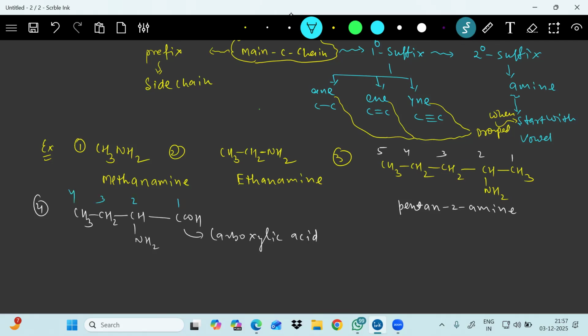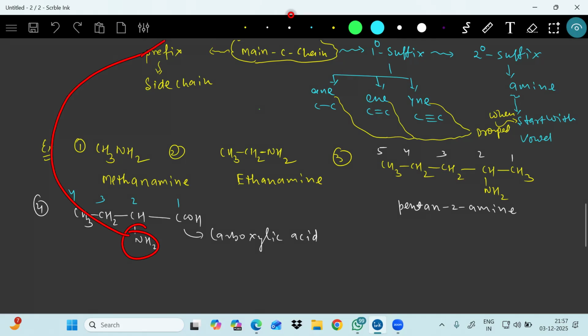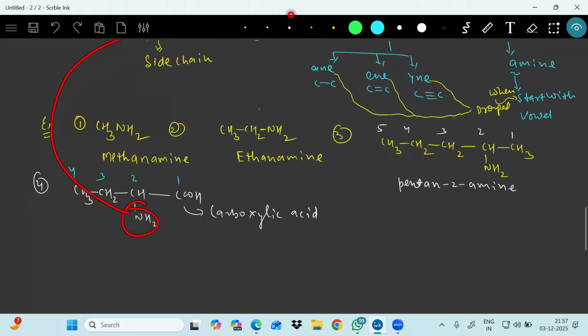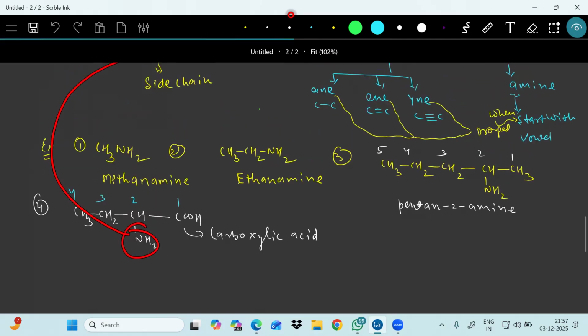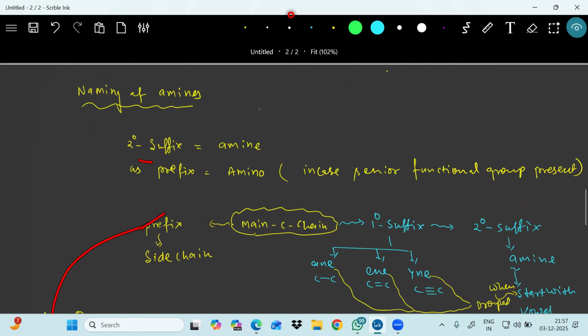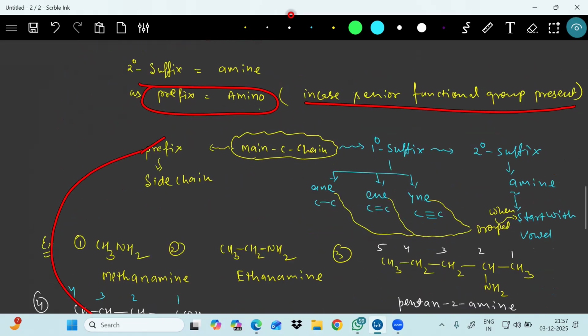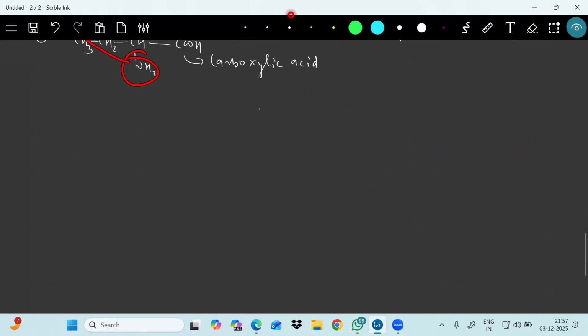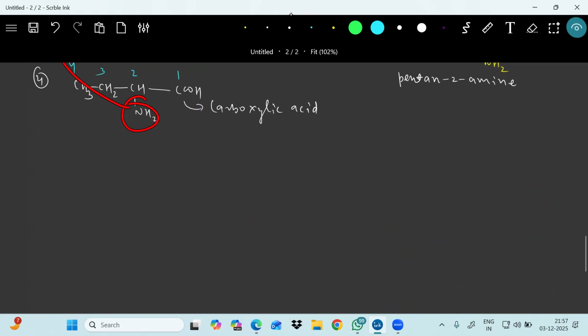Now, this NH2 we will use as a prefix. As a prefix, NH2 is named amino. This is the prefix in case of any senior functional group.